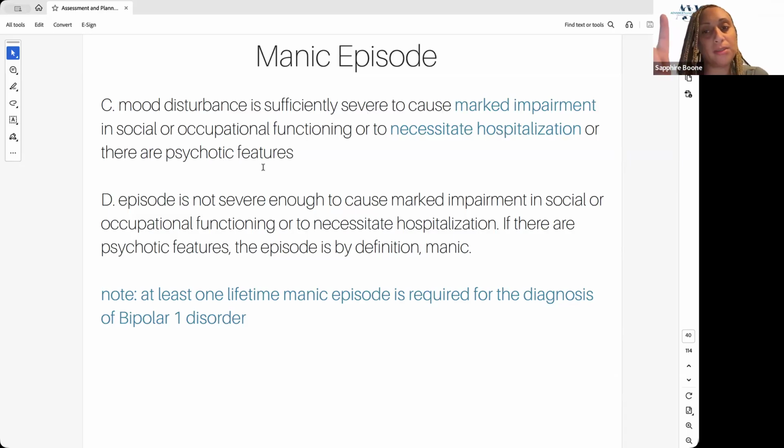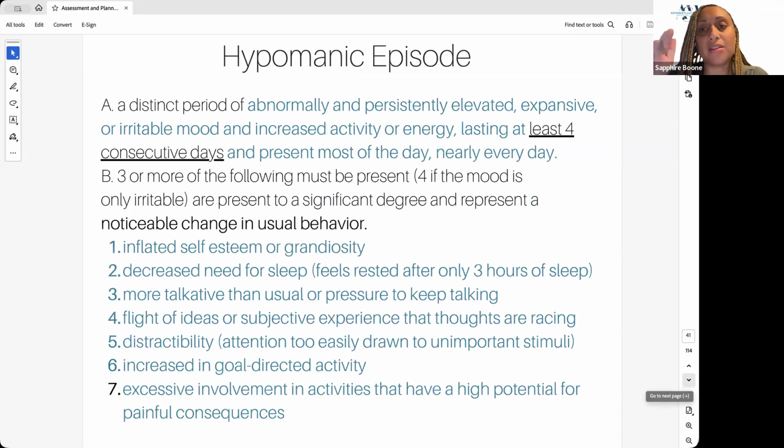If you don't have marked impairment, you don't have a need to go to the hospital because of your symptoms, and there are no psychotic features, by definition, it cannot be manic, right? If those things are not there, then it's not manic. So we're looking at duration, and then we're looking at severity in terms of impairment to the client.